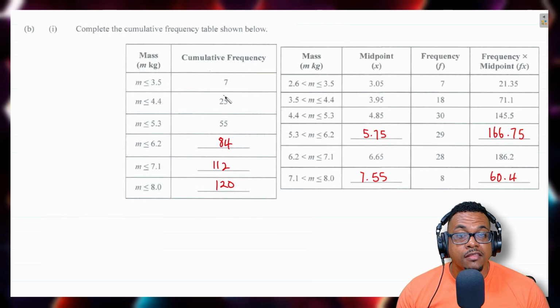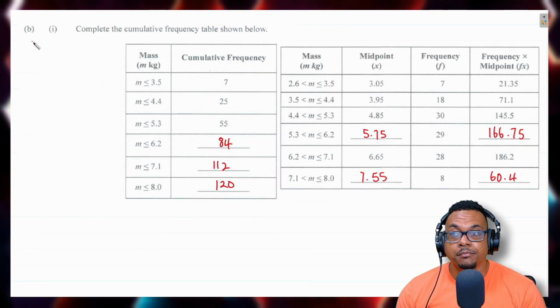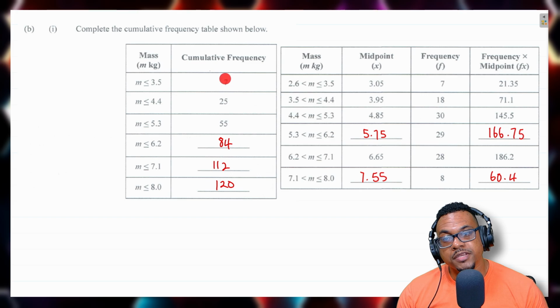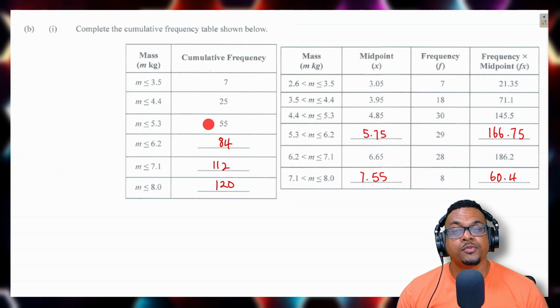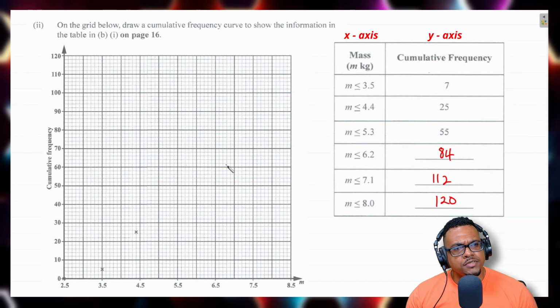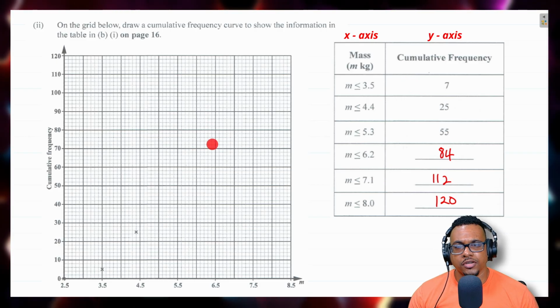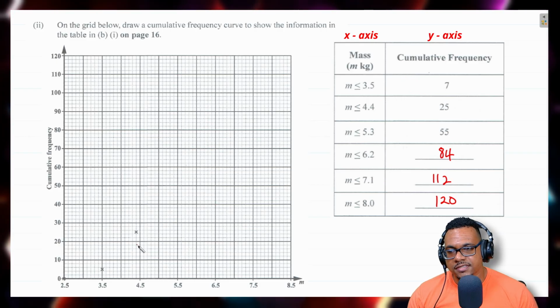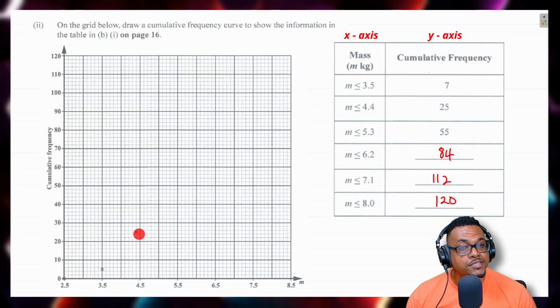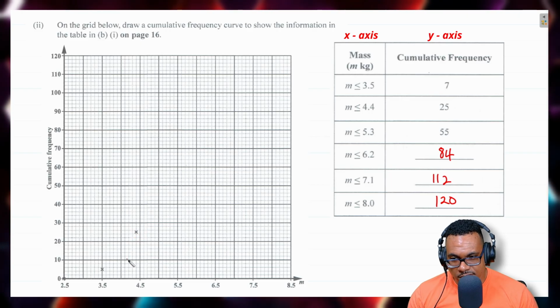So remember, this is the table for B, part 1. This is the information that we need to draw the cumulative frequency curve. So I'm just going to put the table here so that we can see it. Now notice they have 1, 2, 3 points plotted for us. Notice this point here is plotted on 3.5.